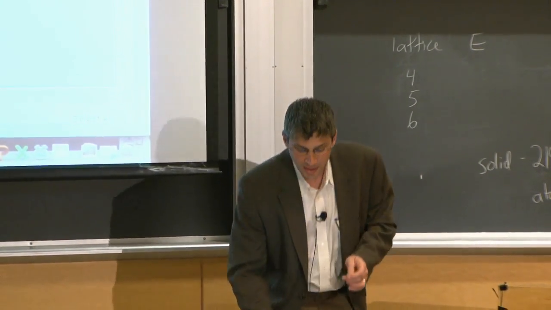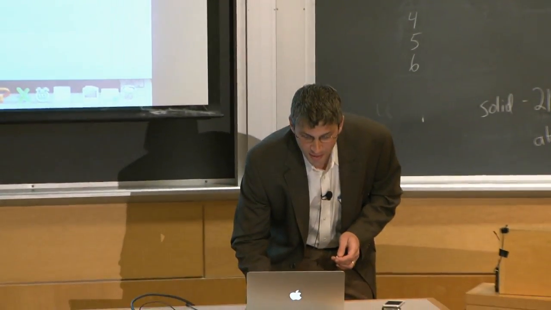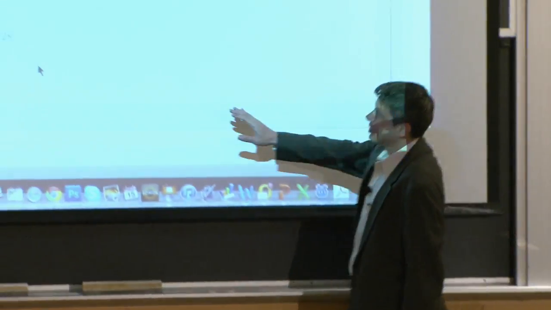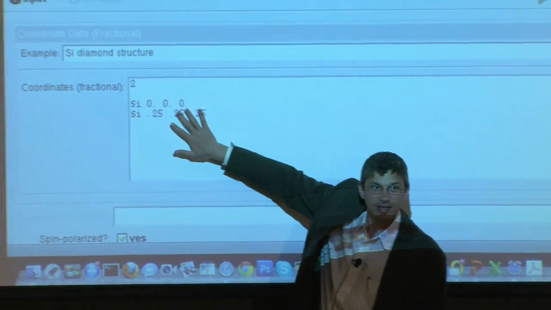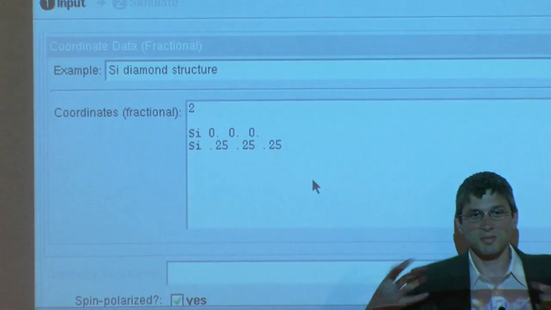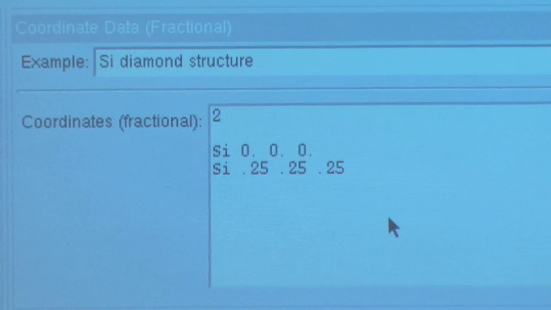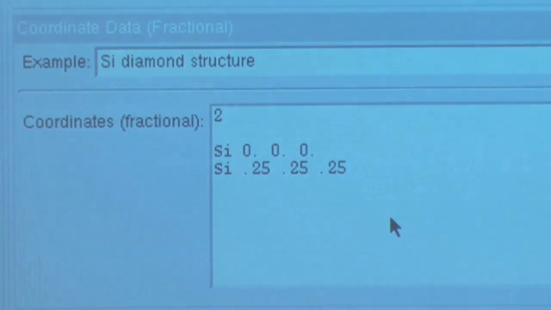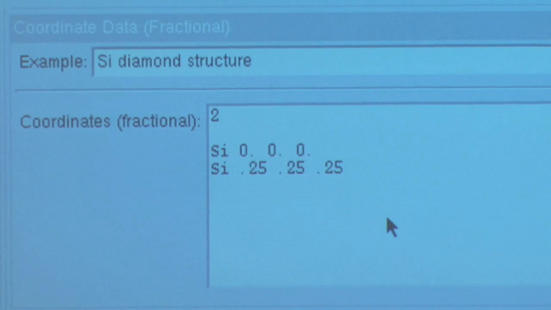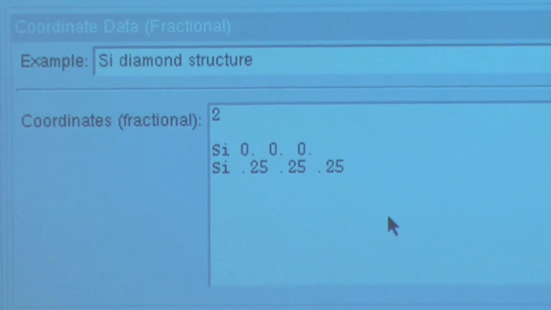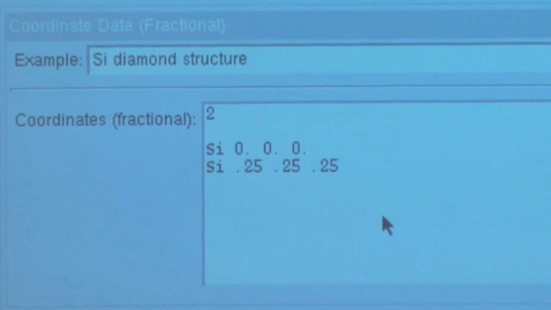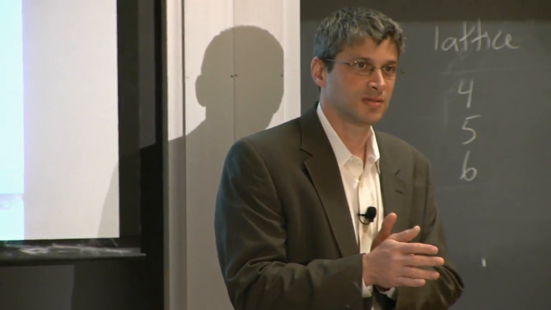When you go to the input here, remember, this is my basis, right? My basis had a certain number of atoms in it, and that's what gets repeated. So the number of atoms or electrons in the simulation is for 2 silicon atoms, not 1. So the cohesive energy I calculated was per 2 atoms. If I really want the cohesive energy per atom, you got to divide by 2.